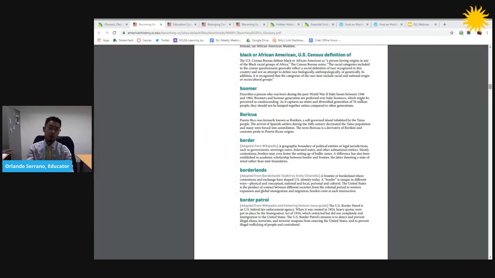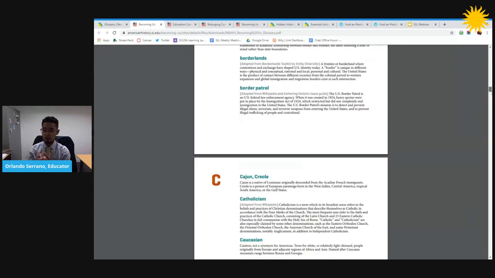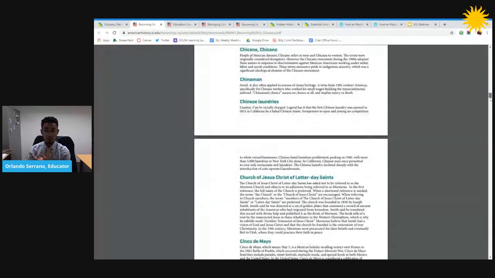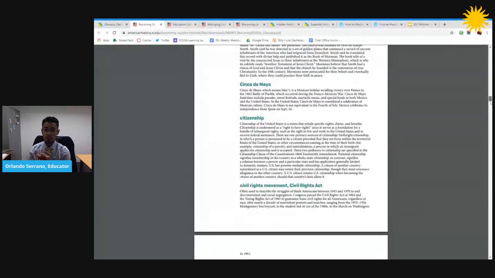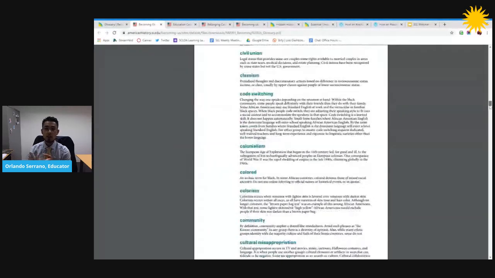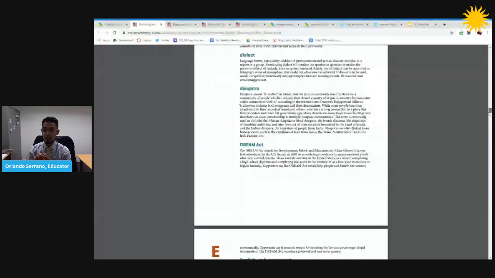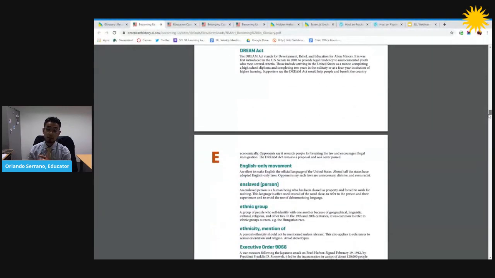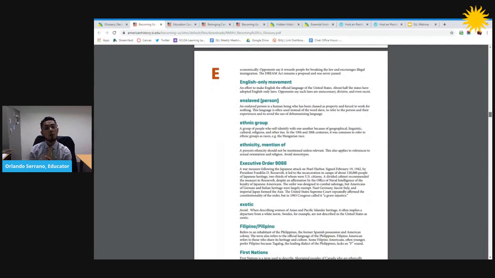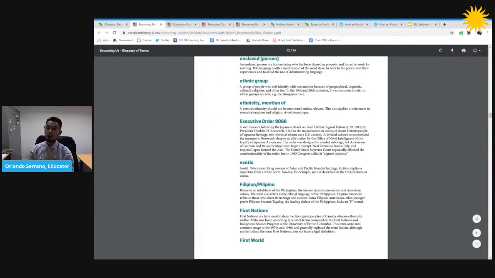So I always highlight the glossary because this could be like a quick dictionary that you have on your desk when you're talking about different topics. If you're a history teacher, an ELA teacher, an art teacher, a science teacher, it really cuts across all disciplines. It's just something handy for folks to think about and know about, regardless of content.